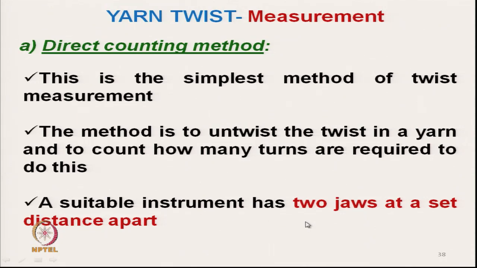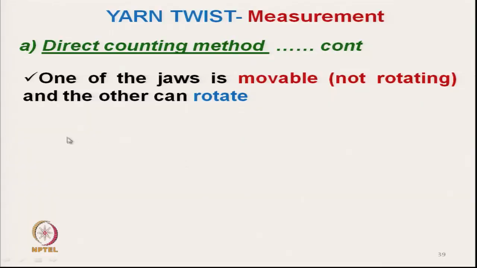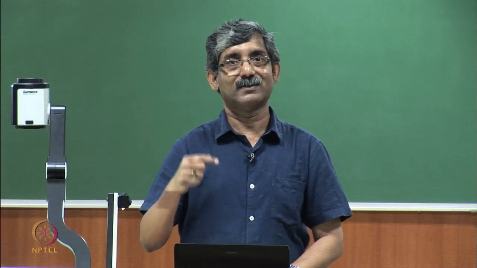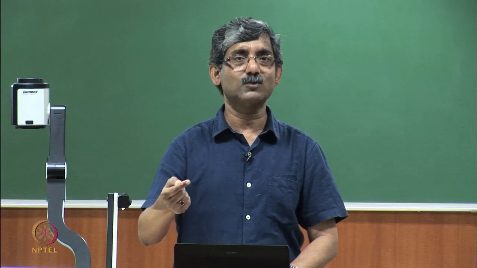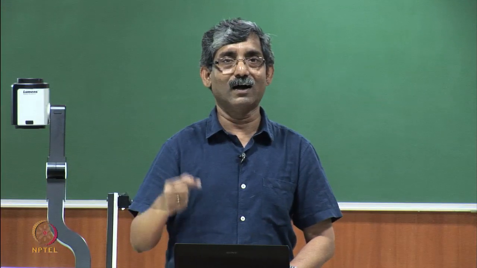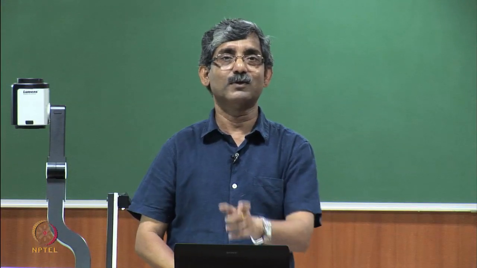A suitable instrument has 2 jaws at a set distance. The distance is known, and out of these 2 jaws, one jaw is only laterally movable, it does not rotate, it moves to set the required test length, and another jaw rotates just to untwist the yarn up to the level of zero twist.